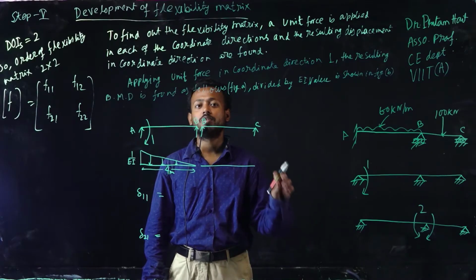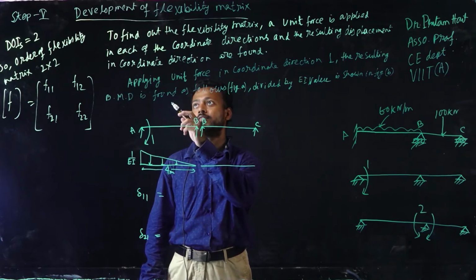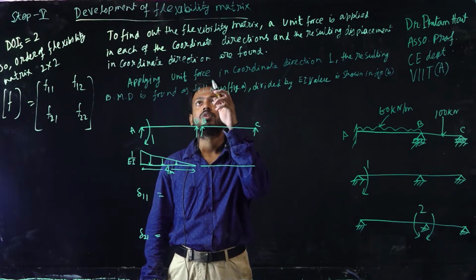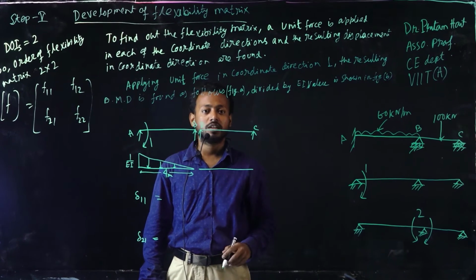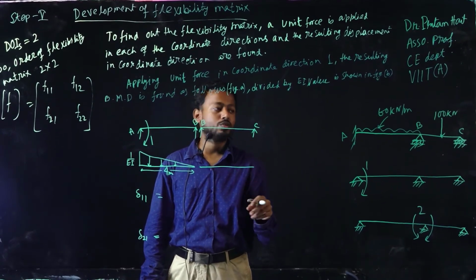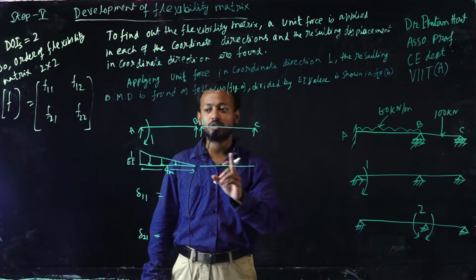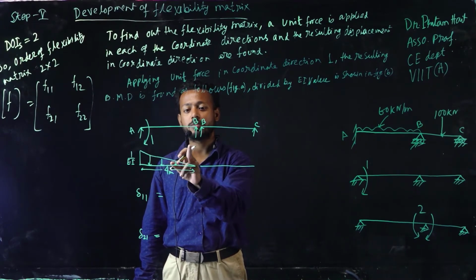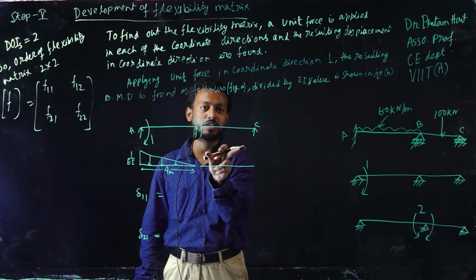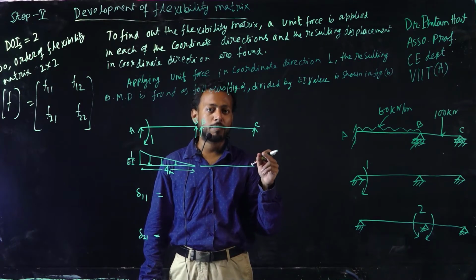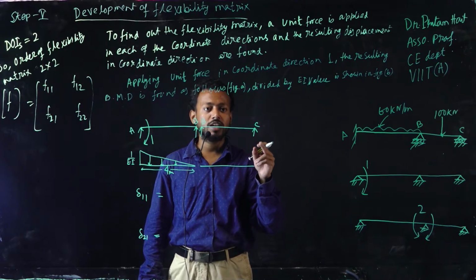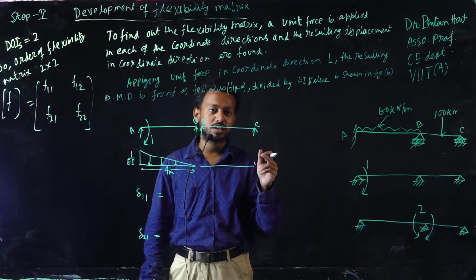Okay, now we will do step number 5, development of the flexibility method. So what we will do, we will separate these two spans, AB and BC. So I have drawn here span AB separately and span BC separately. Then we will apply unit force in each coordinate direction.